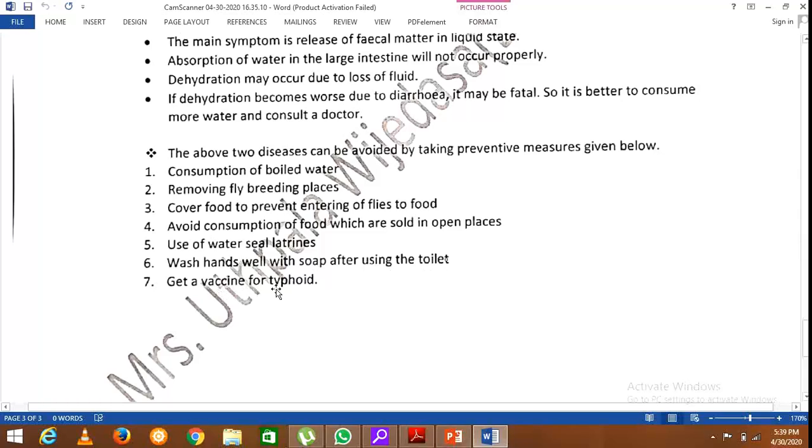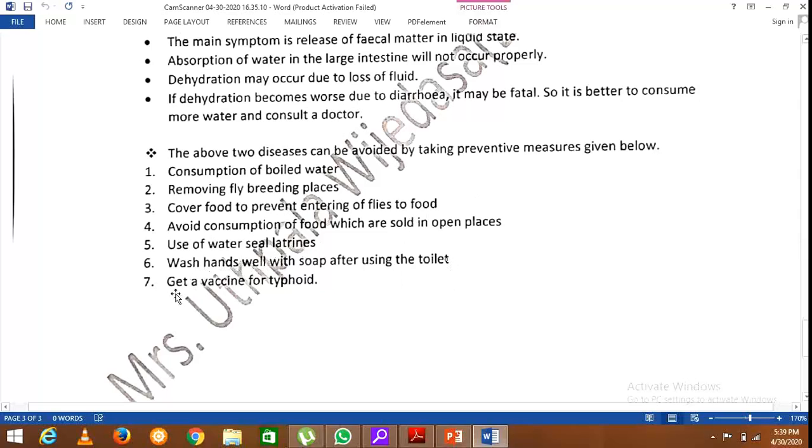Get a vaccine for typhoid. So the first six facts are practiced by people frequently, and there are people who don't have these basic facilities. Therefore, these conditions should be avoided in order to get rid of these particular diseases.